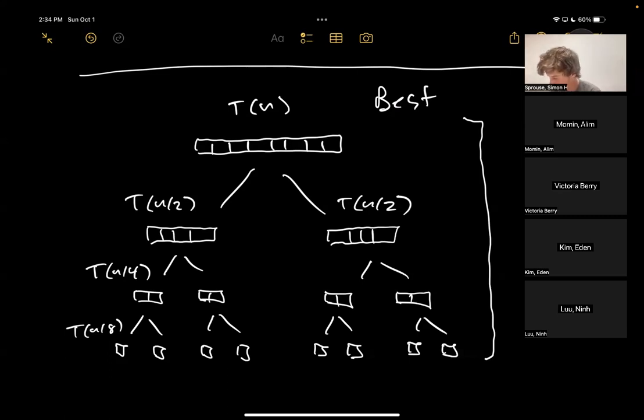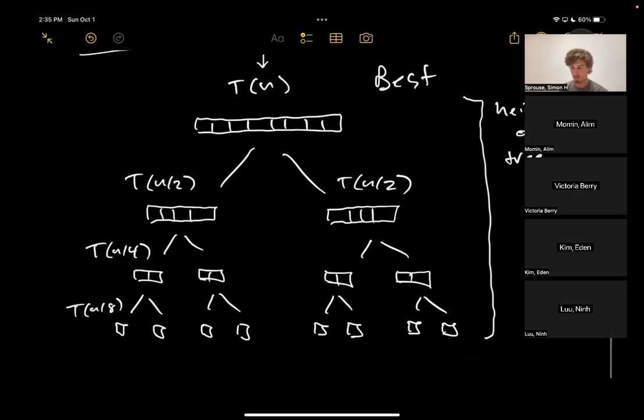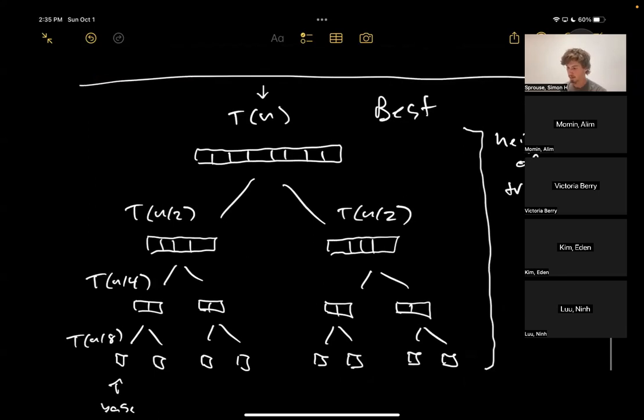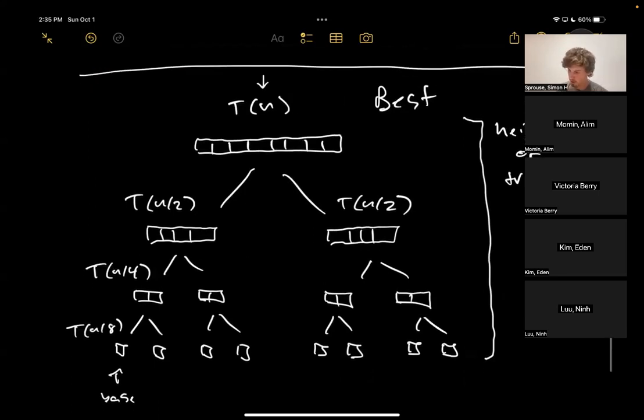So for this instance, the height of the tree is going to be based on this input size, right? Obviously, for a bigger input, it's going to take more divisions of 2 to reach this base case. In this picture that I drew, n is equal to 8.